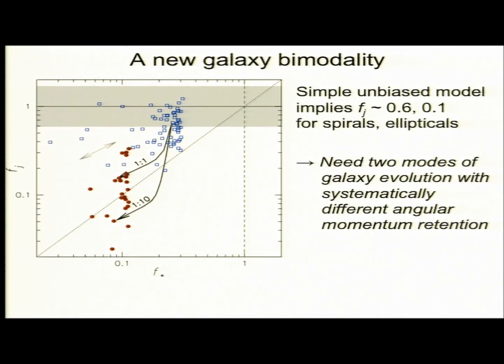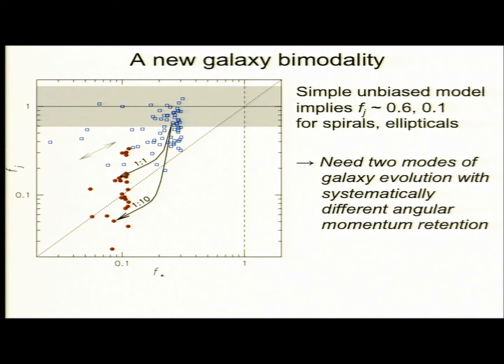So just to summarize, in terms of a way to quantify galaxy formation, this is the star formation efficiency versus angular momentum conservation efficiency. And these are observations, not quite direct, but indirect observations for spirals are up there. The high star formation efficiency, high angular momentum conservation efficiency, and both parameters are low for the ellipticals. So we need some mechanism for doing that.